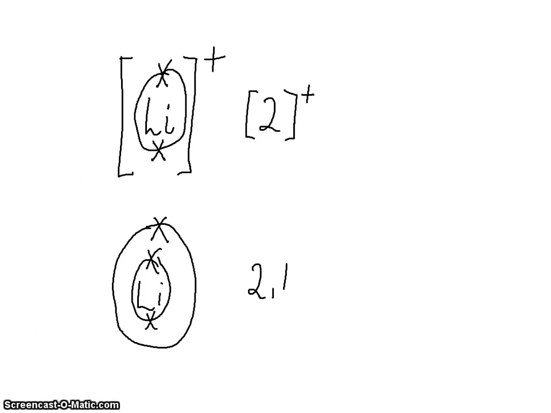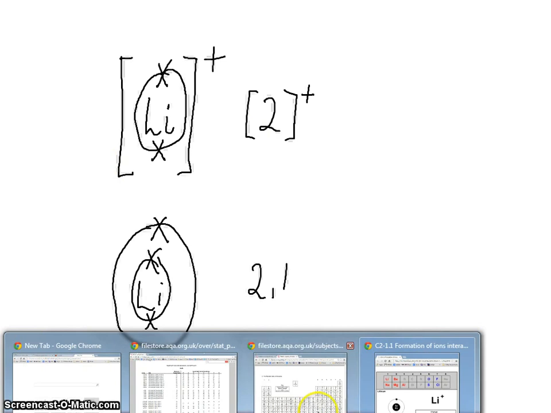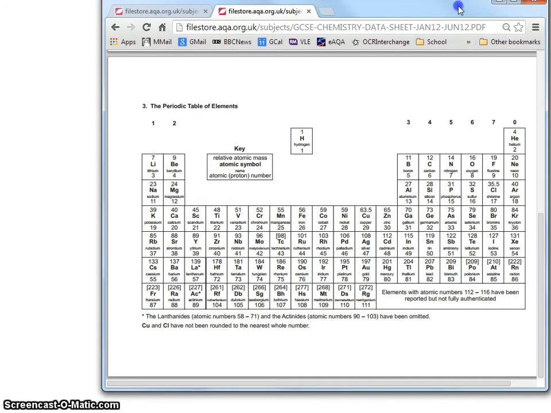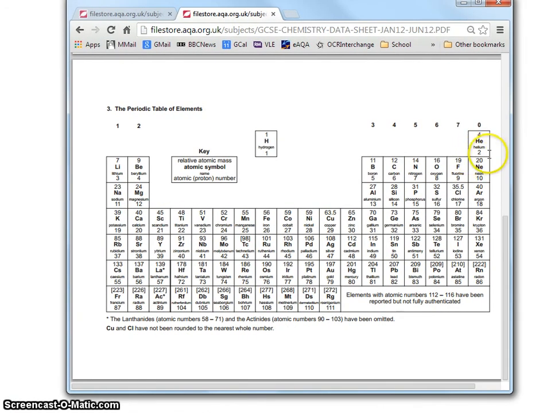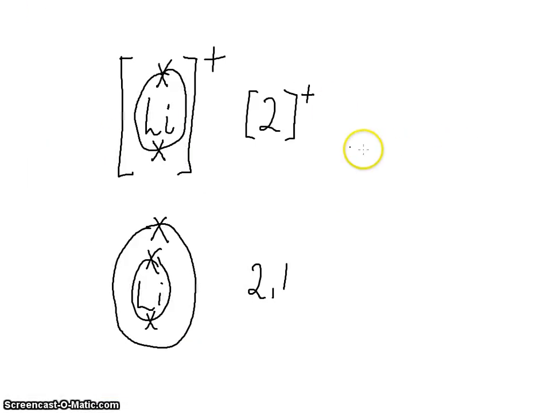And now we can see that we have achieved this electronic structure, the same as the noble gas. So if we've got 2 electrons, the noble gas with that structure is 2. Now note here that even though this has the same electronic structure as helium, so if we were to draw helium over here, helium has got its 2 electrons, and that has an electronic structure of 2.